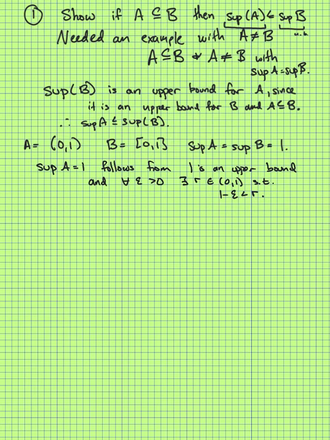You can find this explicit r by finding a small 1 over n if you want to make that more precise, but we've seen that a number of times before, so I won't do it now. So that's question 1.